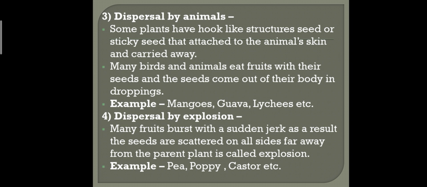etc. Dispersal by explosion. Many fruits burst with a sudden jerk. As a result, the seeds are scattered on all sides far away from the parent plant. This is called explosion.